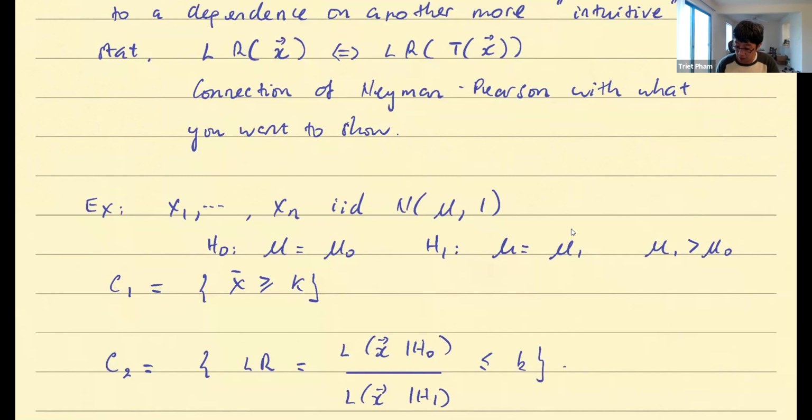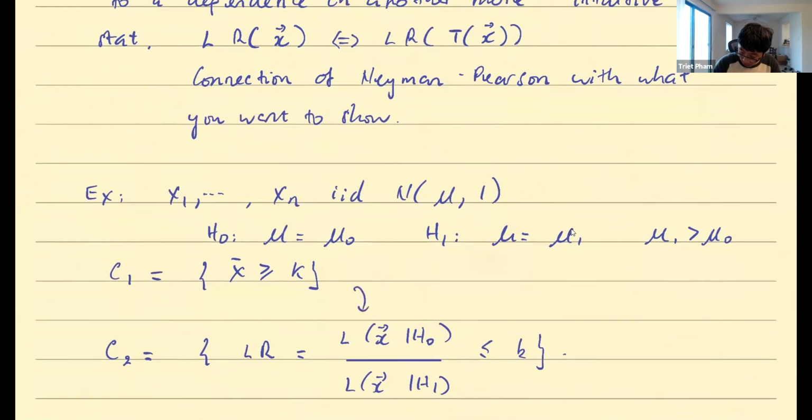The point is, these two regions are equivalent. And that actually is most of the proof of Neyman-Pearson: to establish the equivalency of C2 and C1.